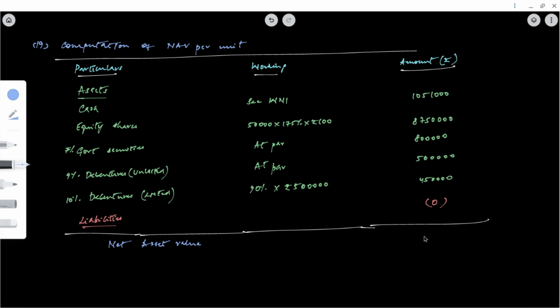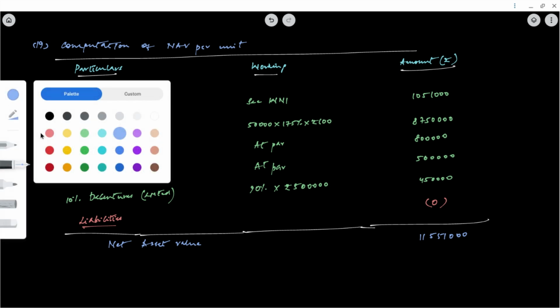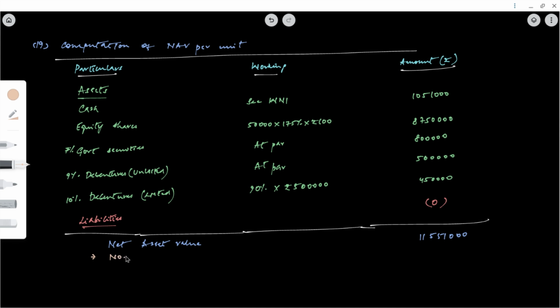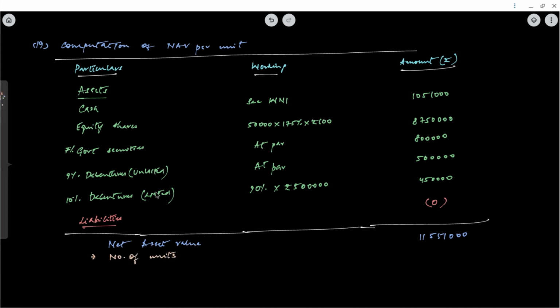That is 1,15,51,000, divided by number of units, which is 10 lakh given.